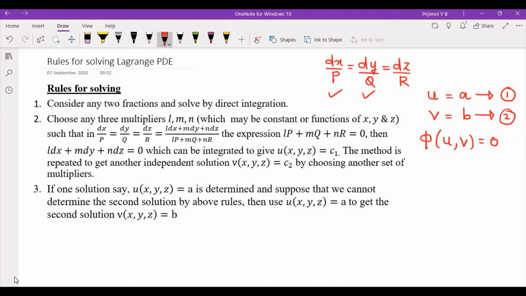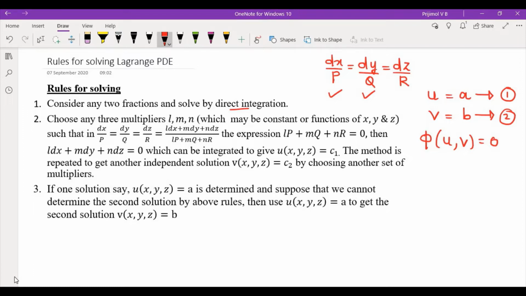Now what if the direct integration is not possible? In that case we may have to use multipliers called Lagrange multipliers, which I will discuss when I am solving problems. In that case our direct integration seems to be easier when we apply the Lagrange multipliers. I will discuss that later.